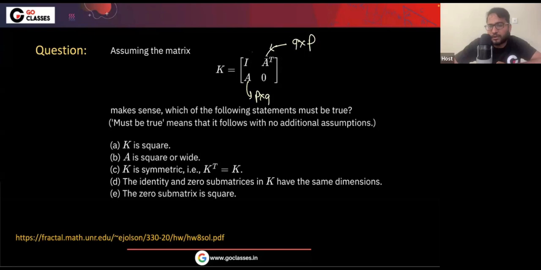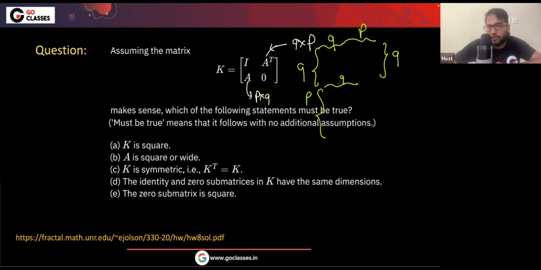Let's quickly check all the other dimensions. If one of the matrices is Q cross P, there are Q rows and P columns. This is an identity matrix, so it must be a square matrix, so the number of rows here must be Q only. We have identified that this is Q, this is P, this is Q, this is Q. Now A has P rows and Q columns, so that's fine.